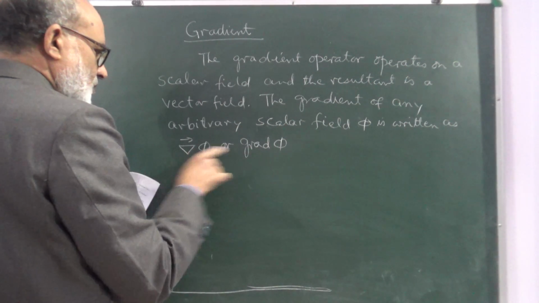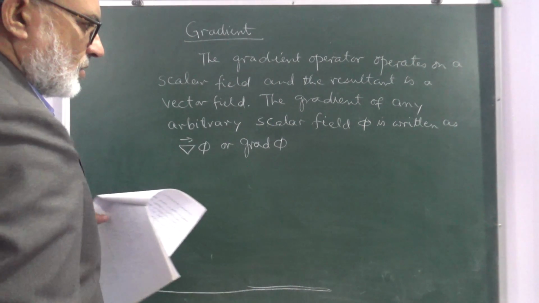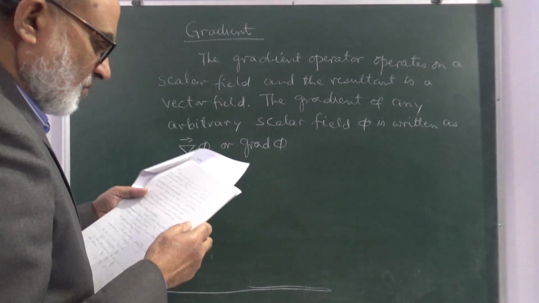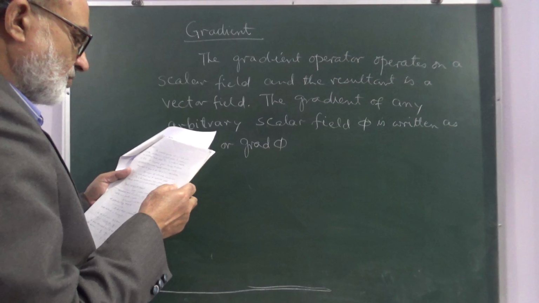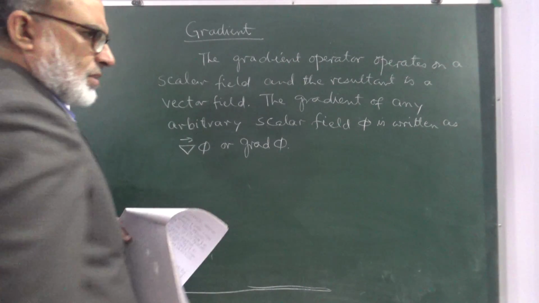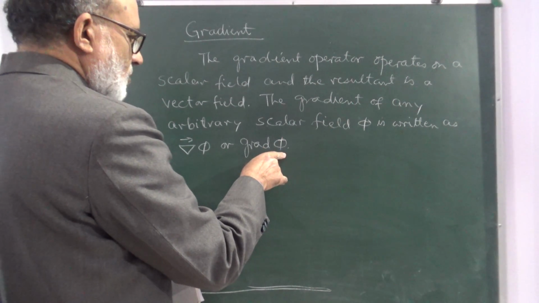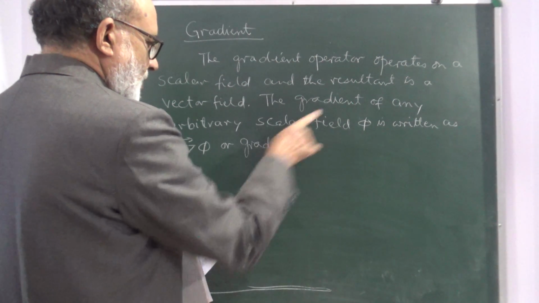You can write it like this also, or like this also. It means gradient of phi. So it's grad phi. This grad phi is a vector, and the direction of this vector is along the increasing value of phi.